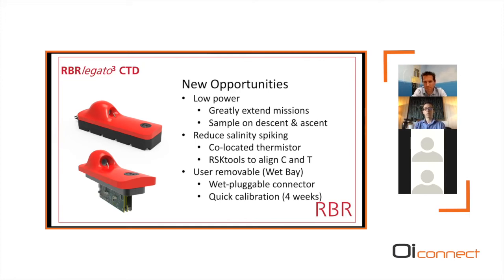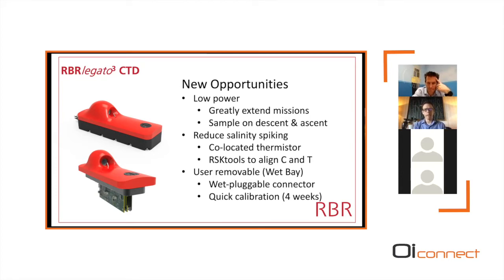Because of the placing of the thermistor so close to the inductive cell, it's co-located. That means that we reduce significantly the salinity spiking that occurs due to thermal lag. And we also have a number of free tools available, like the RSK tools that do alignment of C and T, so that we reduce any kind of offsets or manufactured data variations there.